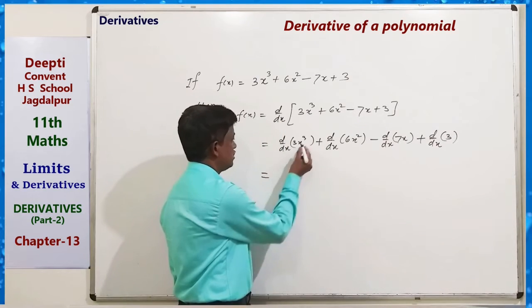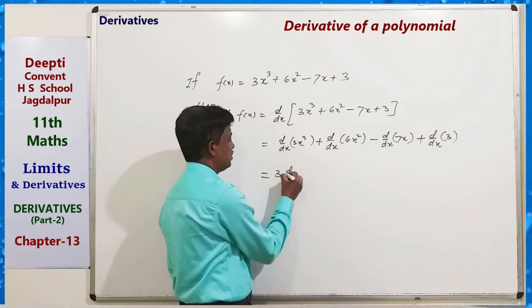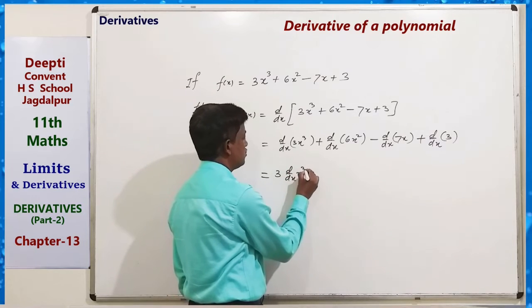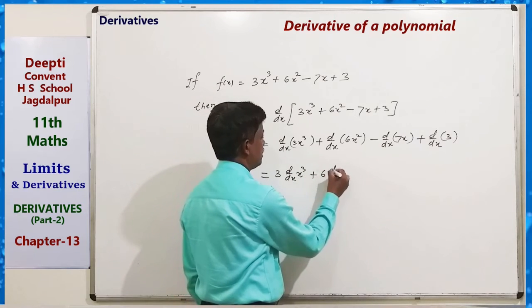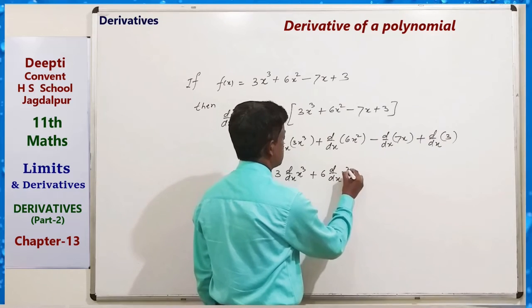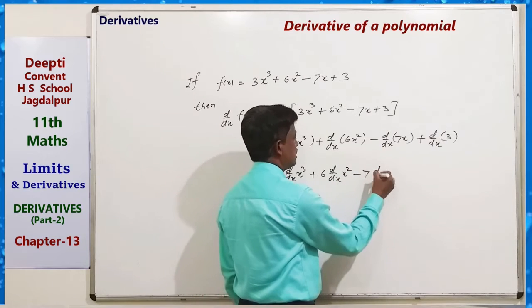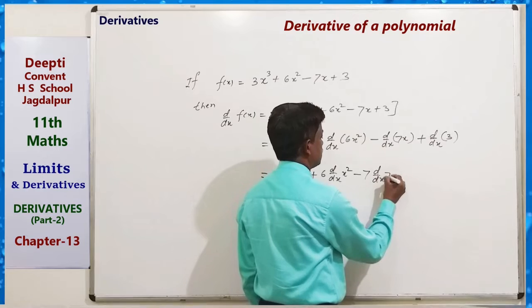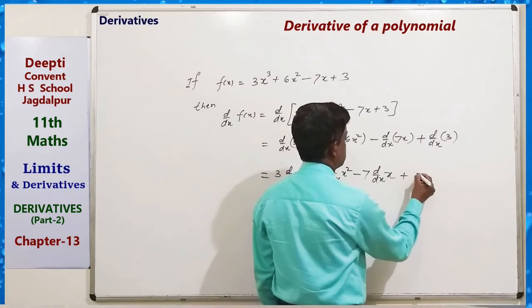So here, take 3 outside, dy/dx of x cube, plus 6 outside, dy/dx of x square, minus 7 outside, dy/dx of x, plus 0.